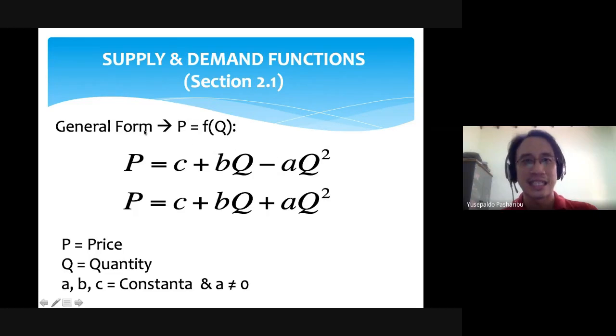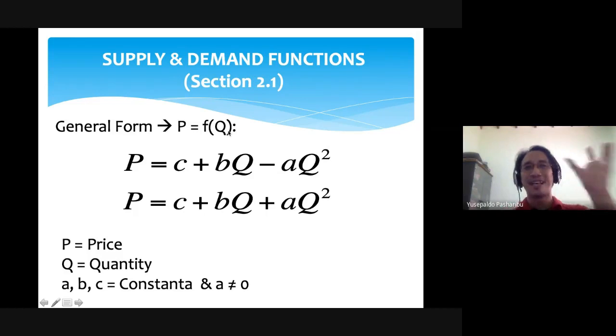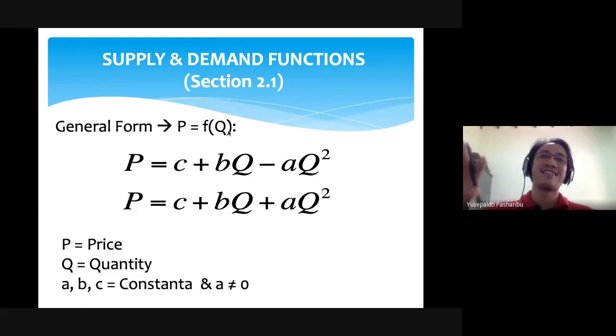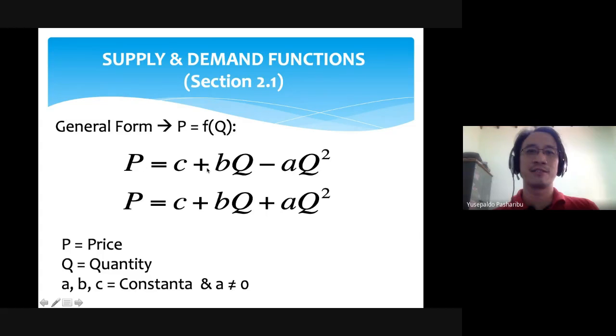The general form is P equals function of Q. So P is on the left side, Q is on the right side, with the power of Q more than 1. Power is pangkat. So this is the general form: P equals C plus BQ minus AQ squared.